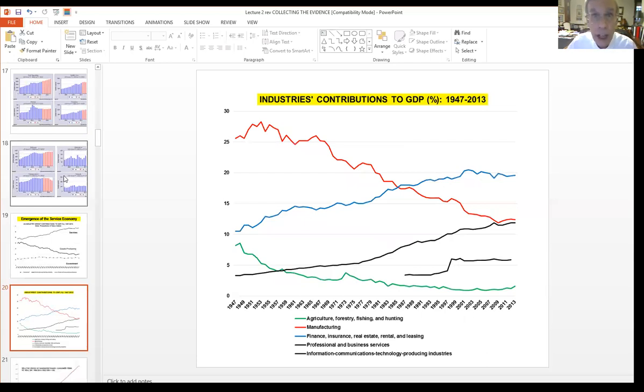I mean, it's cut in half, right? The light blue line on the bottom is agriculture. The dark blue line in the middle are those services: finance, insurance, real estate, rental, and leasing, sometimes called FIRE, F-I-R-E, finance, insurance, real estate, and E.